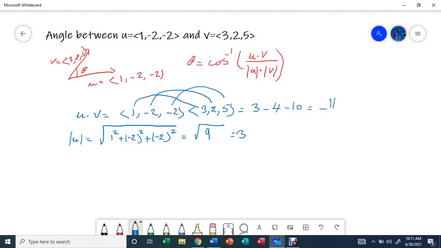The magnitude of v equals the square root of 3 squared plus 2 squared plus 5 squared. We get the square root of 9 plus 4 plus 25, which is 13 plus 25 is 38, so it is the square root of 38.